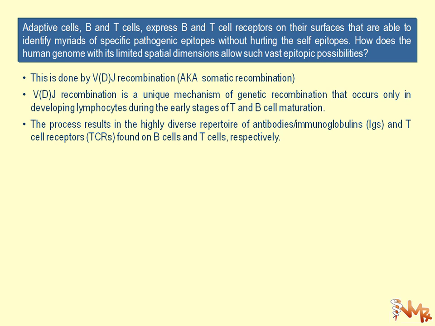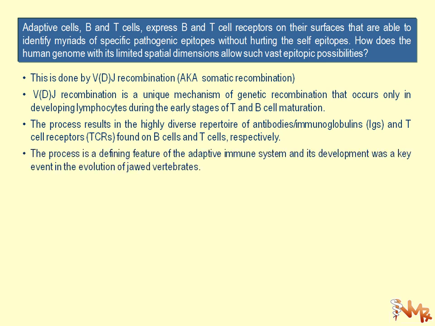So, to summarize, VDJ recombination explains why we have so many antibodies, immunoglobulins, T cell receptors, and B cell receptors in our body.